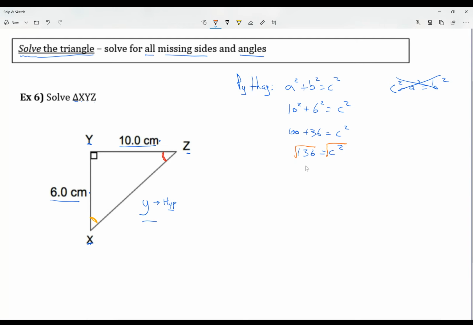So what is the square root of 136? Well, it's 11.66 and change. That equals c. So my hypotenuse, I labeled it c here because in the Pythagorean theorem it was c, but it's also y. Here, the hypotenuse is 11.66 and change centimeters long.